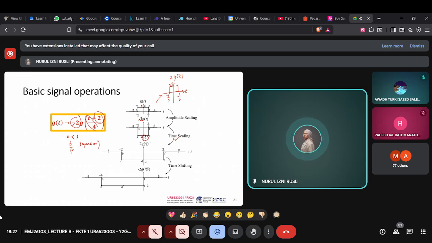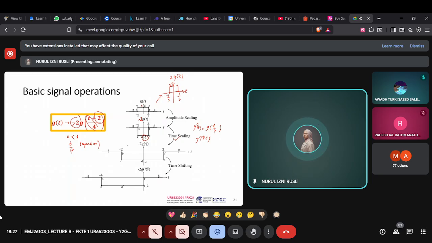So as I told you, you could think of your signal whenever you have a signal of g(t over 4). So your new signal, let's say this is new signal g prime t. You could think of the 4 you bring over here, you have to multiply the t with 4. So this is your new signal.